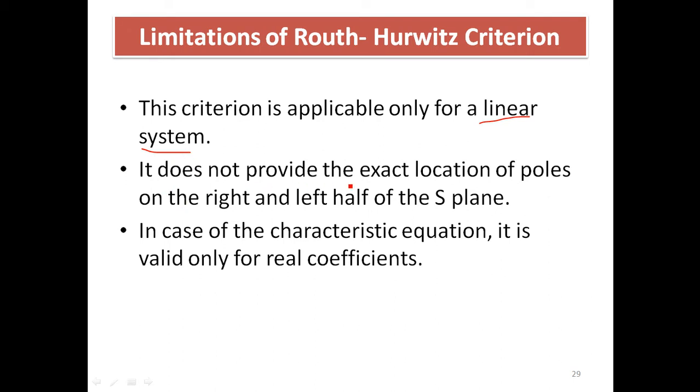It doesn't provide the exact location of poles on the RHS or LHS of the S-plane. In the case of the characteristic equation, it is valid only for real coefficients, not for imaginary coefficients. So these are some limitations of the Routh-Hurwitz criterion, and in this way we have covered all aspects of the Routh-Hurwitz criterion.